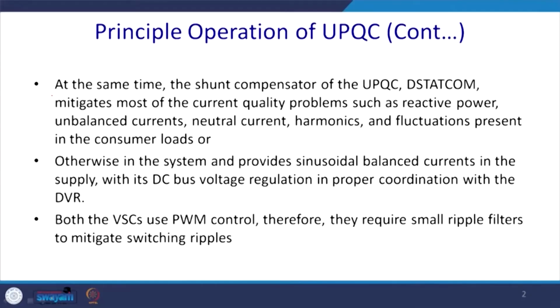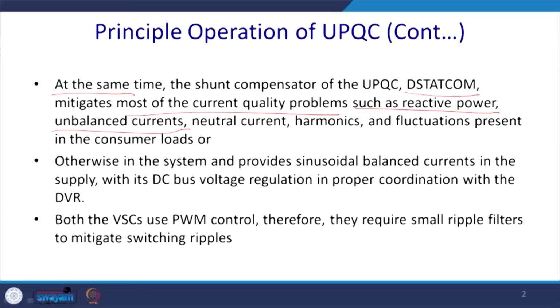At the same time, the shunt compensator of the UPQC, that is the D-STATCOM or shunt active power filter, may mitigate most of the current quality problems, that is current harmonics, the unbalanced current, and the power factor problem, such as reactive power.